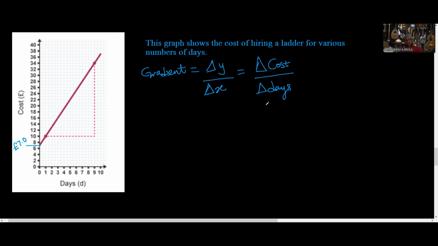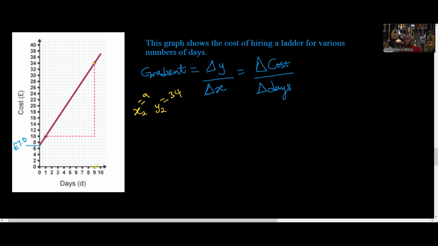Cost per day. Now, the point at the top is going to be our second value, x2, y2. So x2 will be 9 for 9 days, while y2 will be the cost of the 9 days, which is 34.